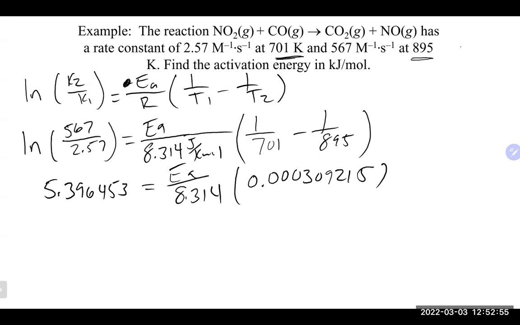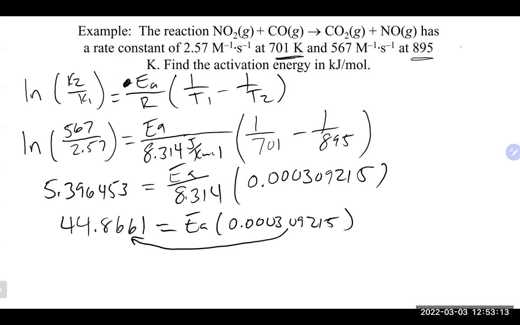So 5.396453 times 8.314 gives us about 44.8661 equals Ea times this number, which then needs to be divided to the other side. And if we do that, we end up with an Ea of 145,096.8.